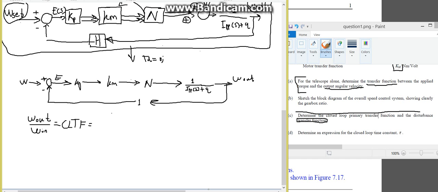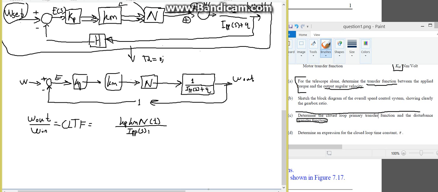You'd first get Kp, your forward path, Kp multiplied by Km, this is your forward path, don't forget, multiplied by N, multiplied by your telescope transfer function, 1 divided by the denominator of your telescope transfer function, the whole thing divided by 1 plus the product of your entire complete loop.